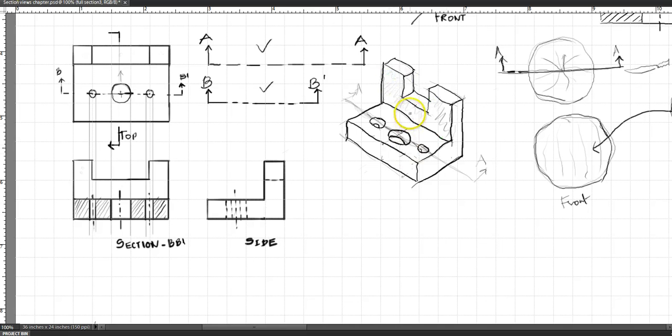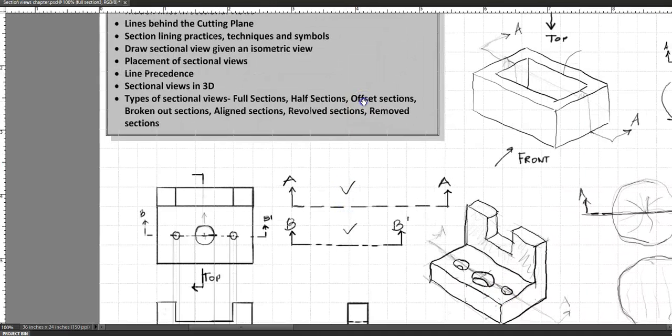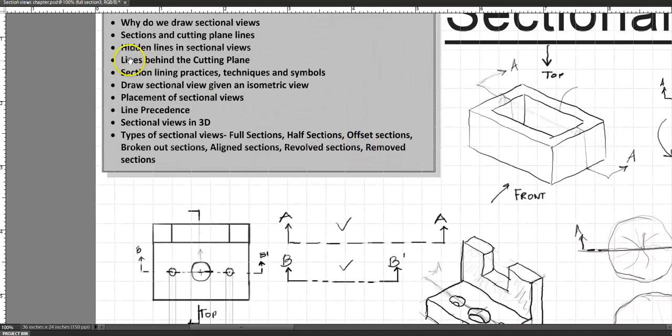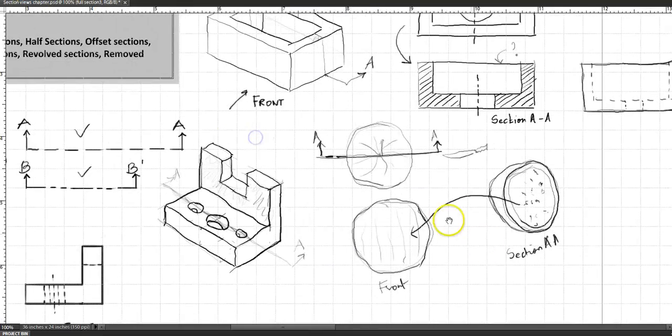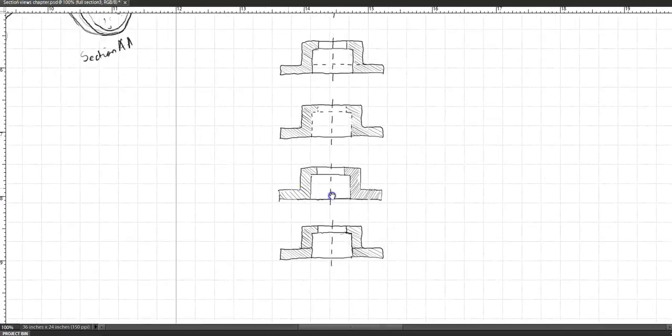So it's basically just one surface, not three. But when we are looking in that direction, we have to make sure that we project these lines because we see them. So I'm seeing this edge going all the way down like that. So don't forget that. Those are the lines behind the cutting planes, also called the object lines.